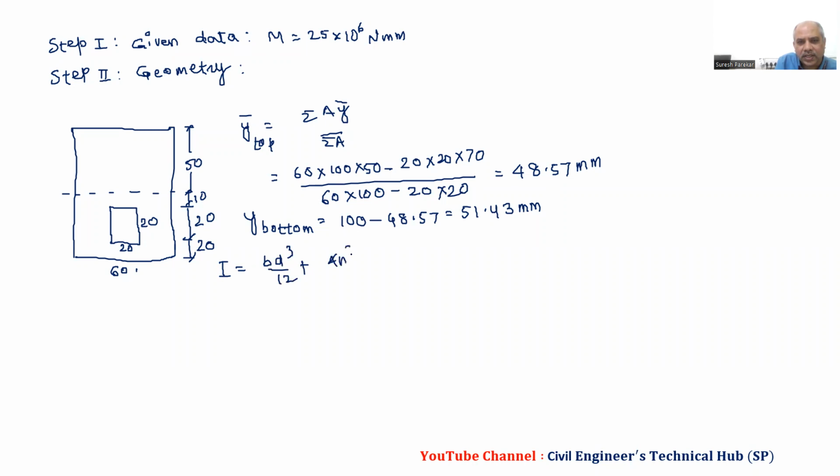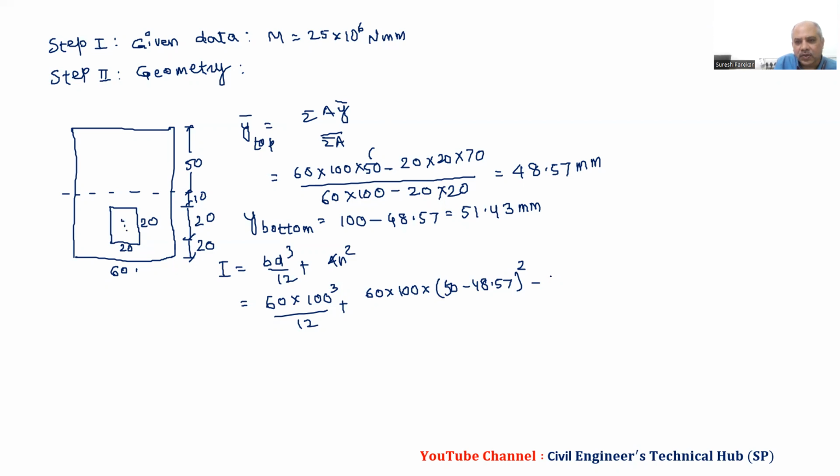Then we have I, same way, BD cube by 12 plus A into H square. So now first we have the whole rectangle, 60 into 100 cube by 12 plus we have 60 into 100 into H square. So we have this value 50, so we have 50 minus y bar, 48.57 whole square. Plus we have to subtract the rectangle which we have to deduct from this part.